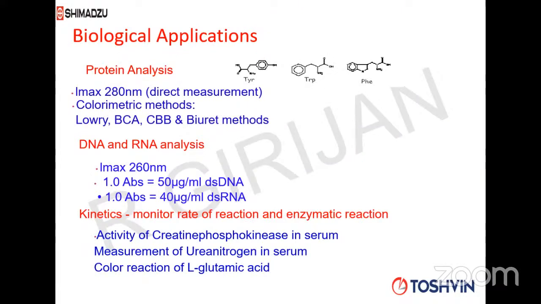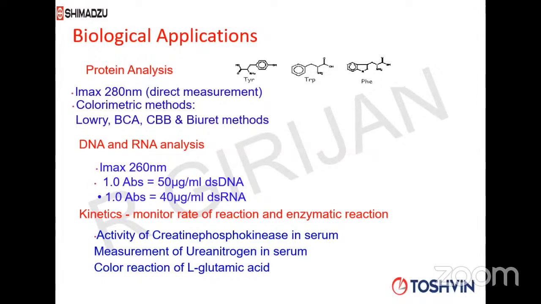Biological applications, plenty of applications for UV: protein analysis, DNA, RNA quantification, kinetic studies like monitoring the rate of a reaction or enzymatic reaction. These are all extremely critical in biotechnology, biological samples, serum manufacturing companies.